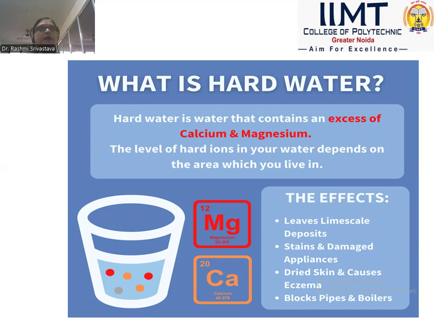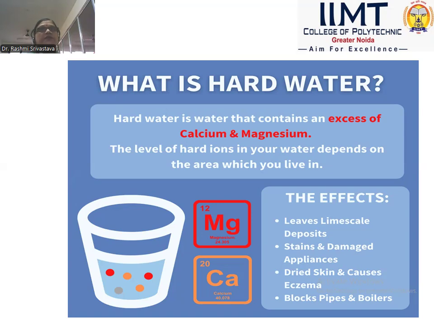The level of hard ions in your water depends on the area in which you live. How will you identify whether the water in your area is hard or soft? So we have to observe the effects of water.